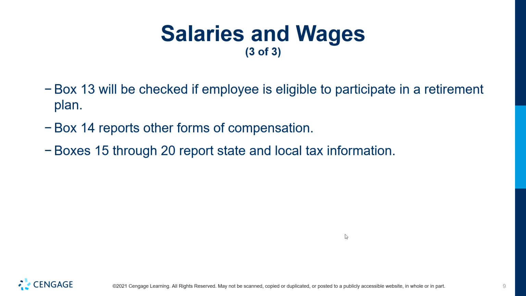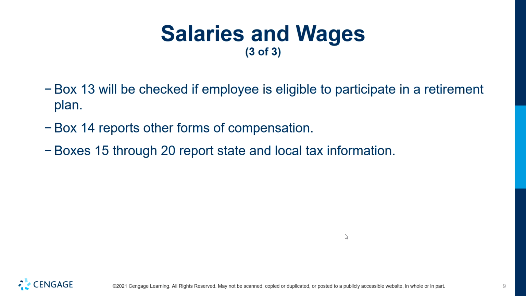Sometimes with teachers and education, we will actually see the TRS retirement right there. Cafeteria plans, railroad income, and retirement usually pop up in box 14. So we do really want to be aware of what's there.